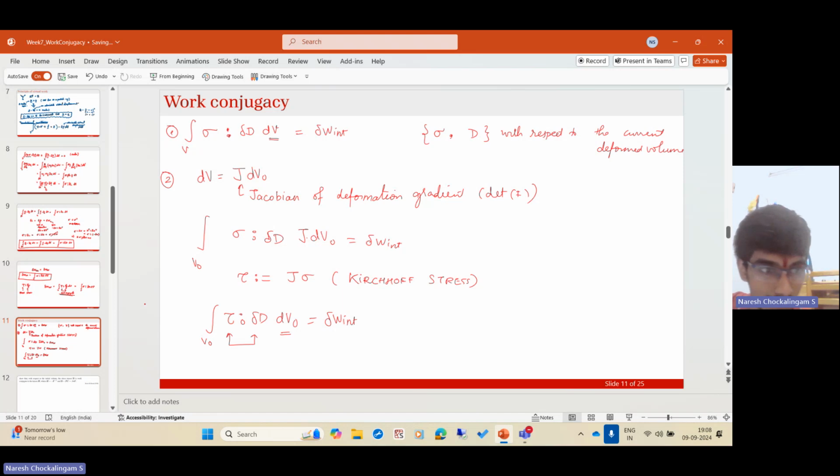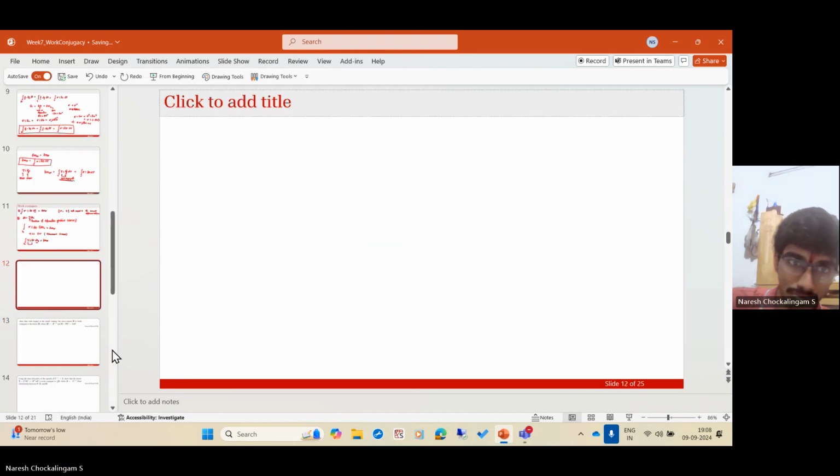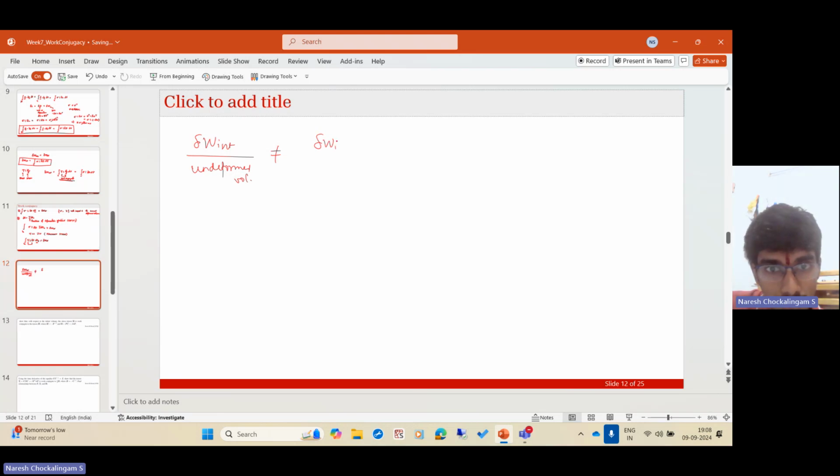So I'll put it on a different page. So the internal work done per unit undeformed volume is not equal to the virtual work done per current or deformed volume. So this is nothing but the Kirchhoff stress contracted with the rate of deformation tensor, whereas this is the Cauchy stress contracted with the rate of deformation tensor.